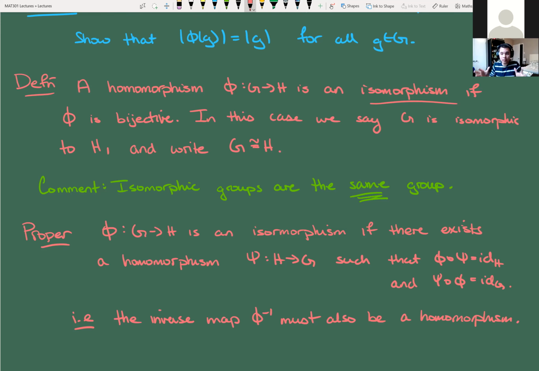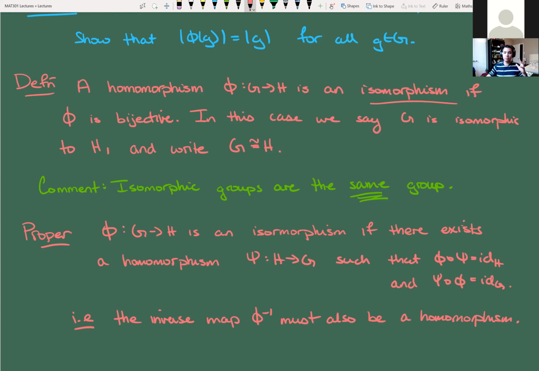We have to explicitly state that because we can't prove that the inverse is continuous just by assuming that the original function is continuous. Here, if you assume that the function is a bijective homomorphism, you get the inverse as a homomorphism for free. You can prove it. But bijective and continuous does not imply that the inverse is continuous.